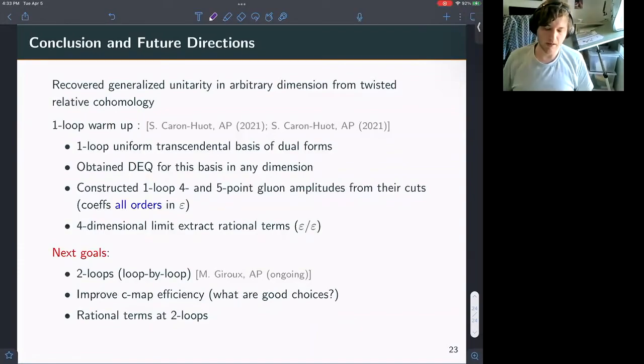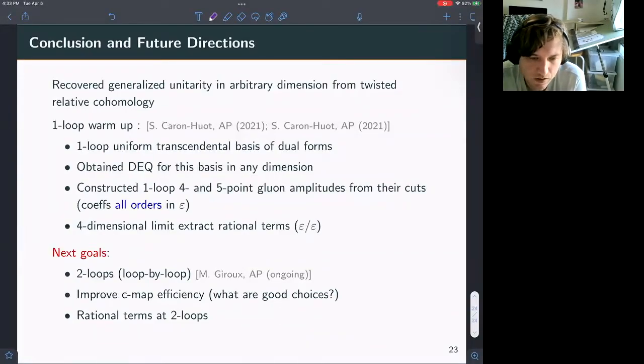We obtained a differential equation for this basis in any dimension, and then we constructed the one loop 4 and 5 point gluon amplitudes from the cuts, and we have the coefficients to all orders in epsilon. And lastly, we looked at 4-dimensional limits, essentially looking for these epsilon over epsilon terms when epsilon goes to 0.